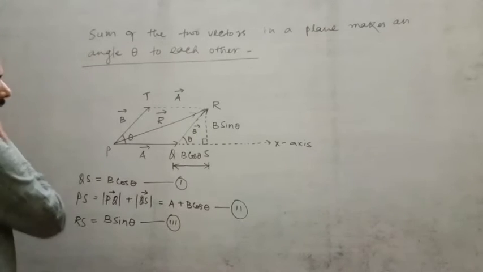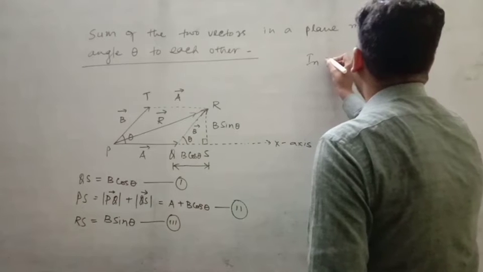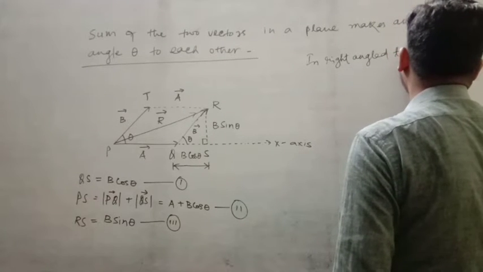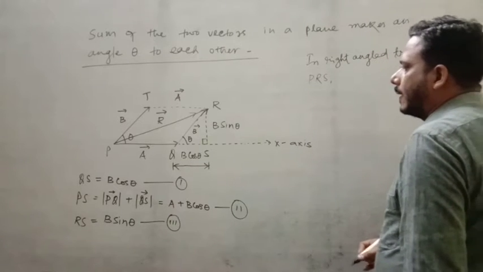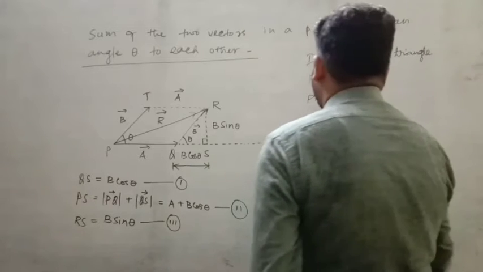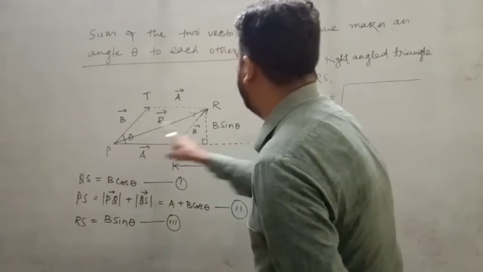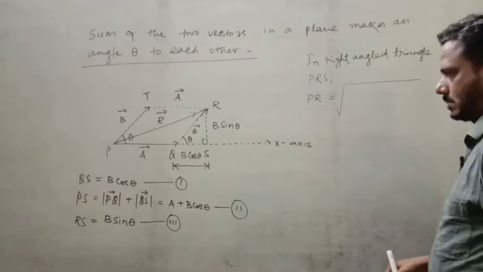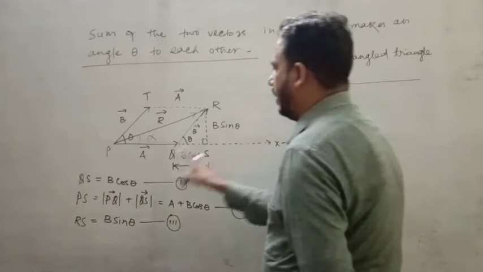Now in right angle triangle PRS, the magnitude of PR is equal to the root of PS square plus RS square, because PR is the hypotenuse, PS is the base and RS is the perpendicular, if alpha is the angle between PR and PS.